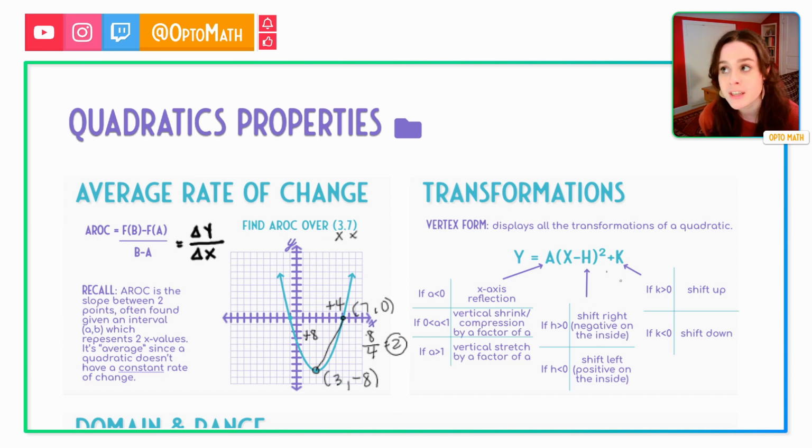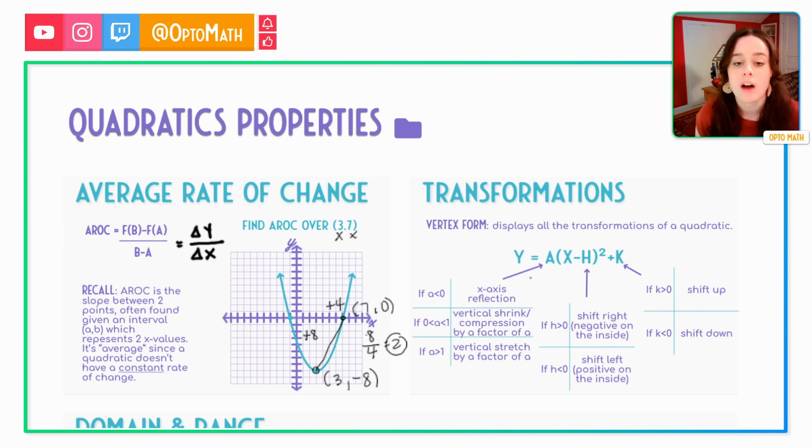So it's swapped twice. It's kind of crazy. You probably won't ever have to really use this type of thinking. You'll probably just look at the equation and see, okay, is it subtraction or addition inside with the x? And then you'll know if it's left or right. But if h is negative, then this negative makes it positive, and that'll be x plus something, which will be to the left. Let's look at this k, which is going to affect our y's.